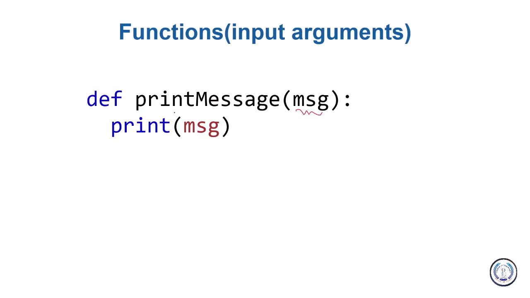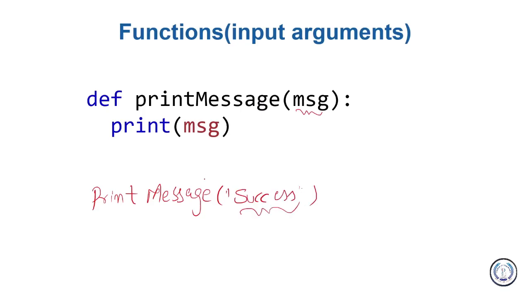Let's say rather than having a function print success, we have a function print message, and it prints whatever message it receives. At call time, for example, we call this function like print message, and let's say we call this as success.